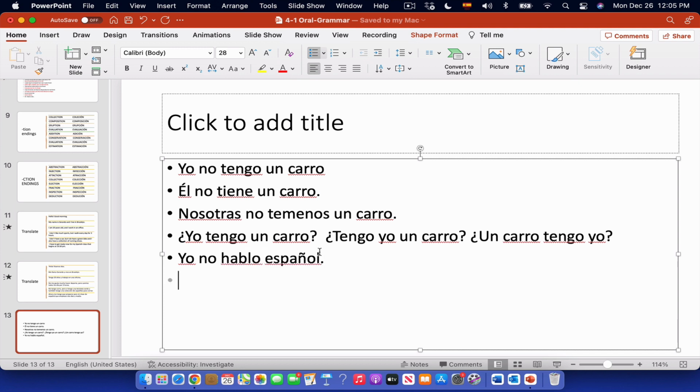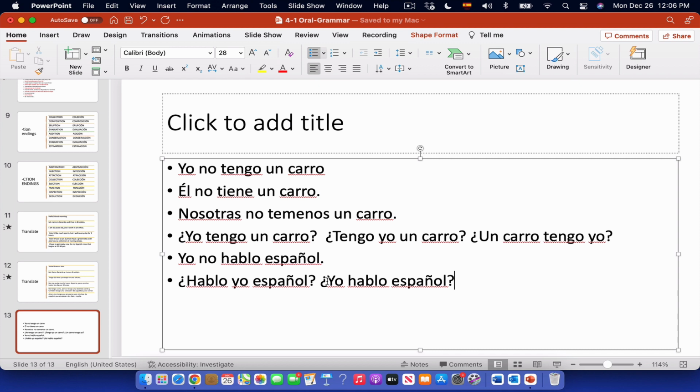So it will be, ¿hablo yo español? And I close here, right? Well, you can also say, ¿yo hablo español? And I close right here, okay? Or ¿español hablo yo? But remember, when you say that, if it's a question, you want to stress the verb. ¿Hablo yo español? ¿Yo hablo español? So you see, it's very different. A statement, yo hablo español, is going to be flat. But when you ask a question, it's going to be ¿yo hablo español?